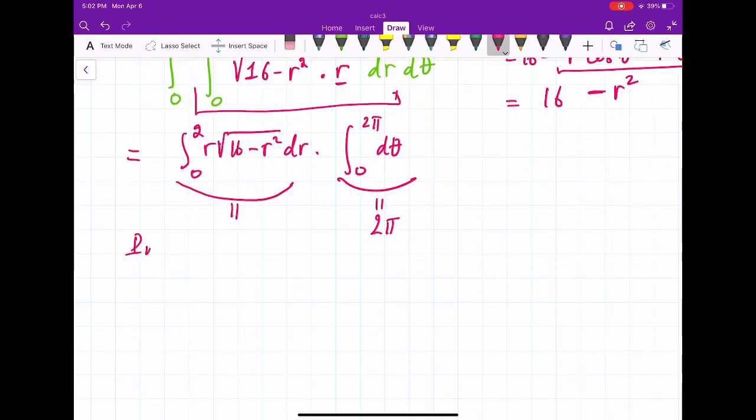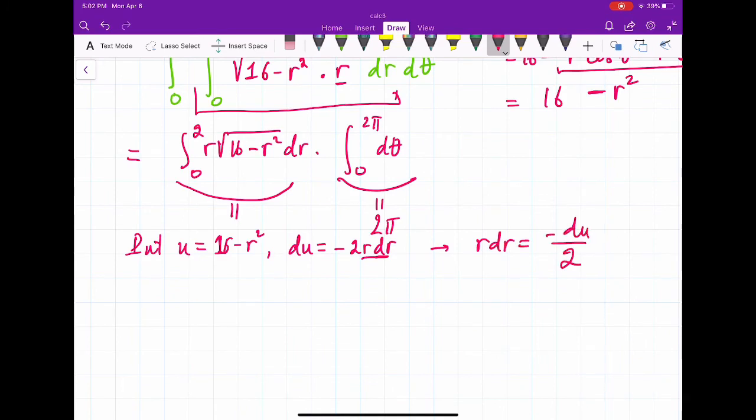You put u equal to 16 minus r squared. And then you have du is negative 2r dr, right? So you have r dr is equal to negative du over 2. You see, r together with dr. You have r dr right here.